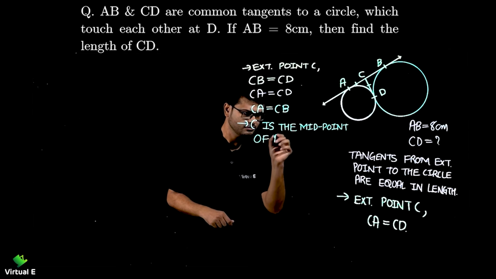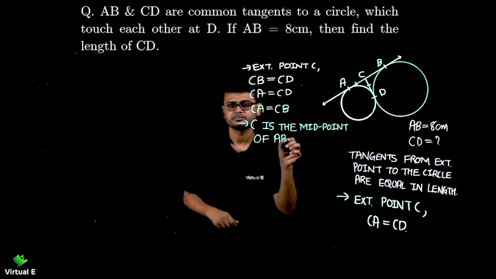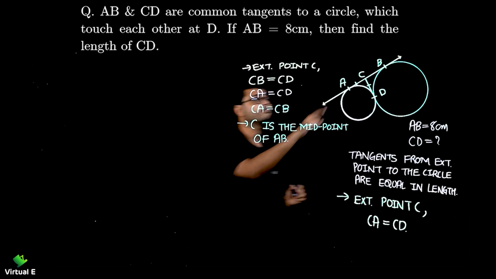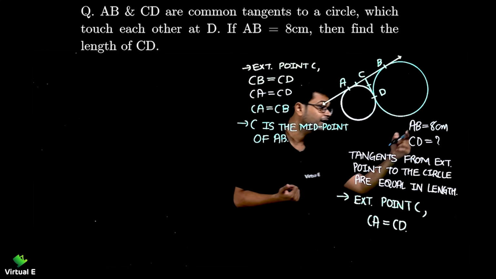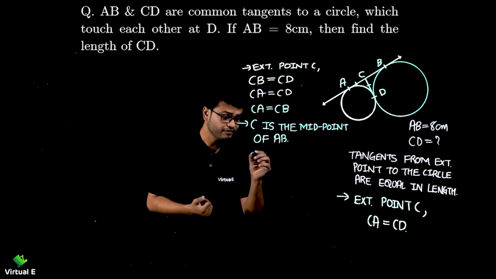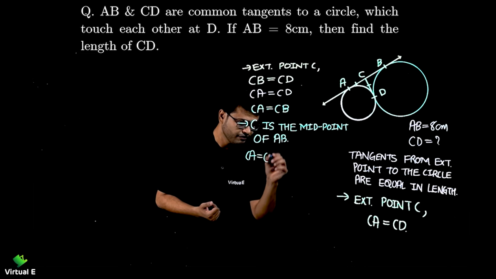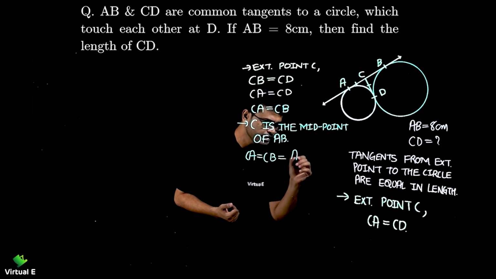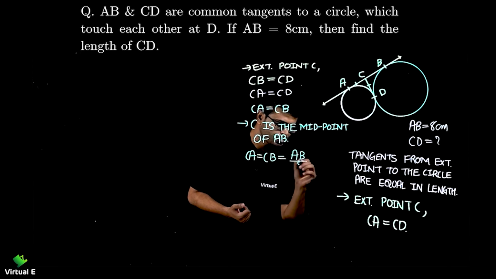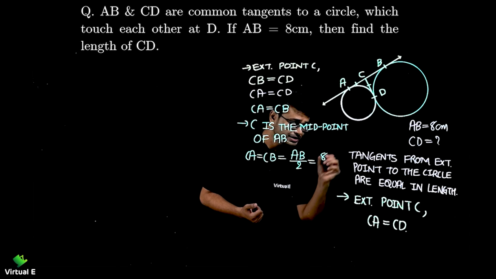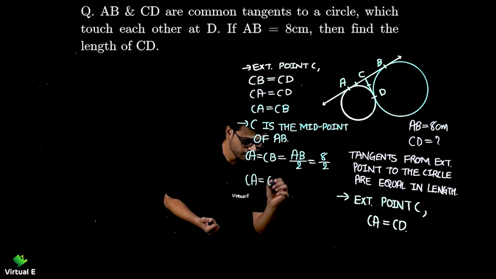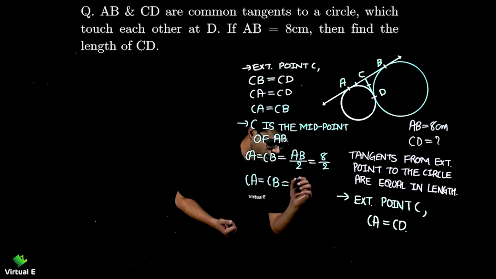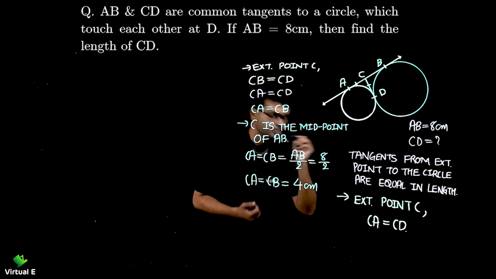Done, right? So if I want to find the length of CA and CB, how shall I get it? Divide by 2. We have the value of AB. So if I want CA or CB, all I need to do is divide the total length by 2, that is 8 by 2. So CA is equal to CB is equal to 4 centimeters, right?